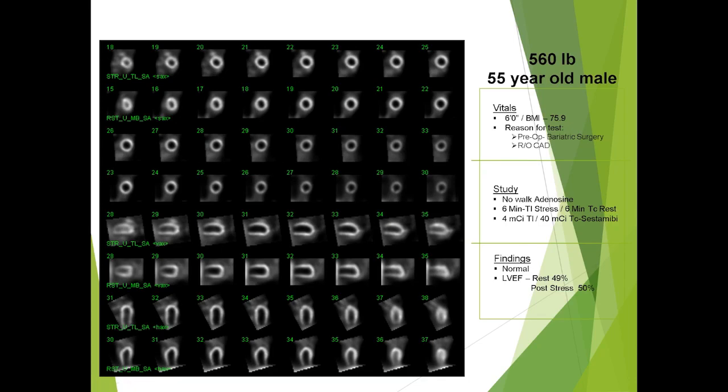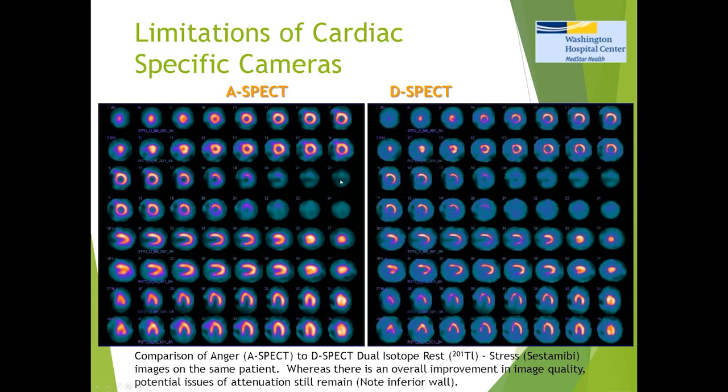This was done actually as a dual tracer study with a stress thallium and a rest sestamibi study, which ordinarily you wouldn't think is possible, but because of the CZT technology, because of all the other options that the camera offers, this could be done, and you can see that the images look very good, and especially in a 560-pound patient, these are remarkable looking images, and almost challenge the quality of PET images.